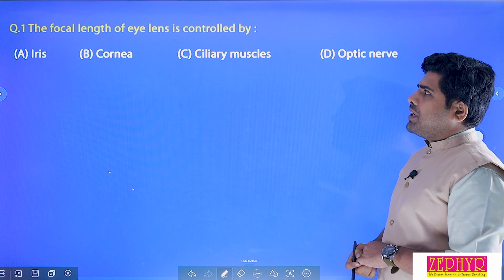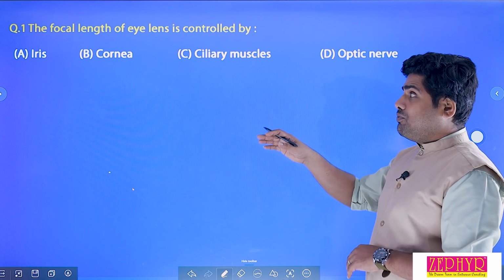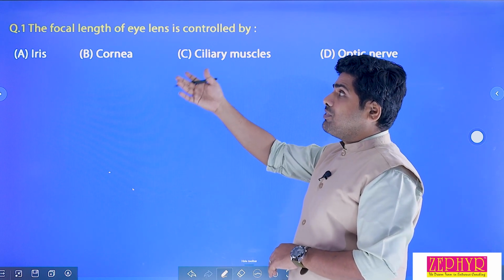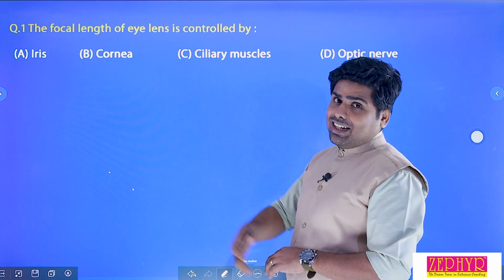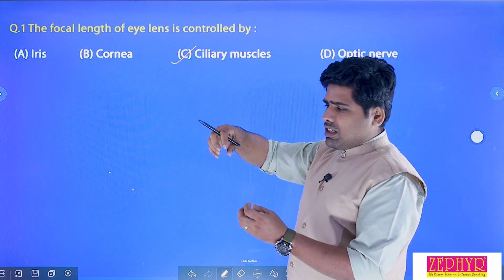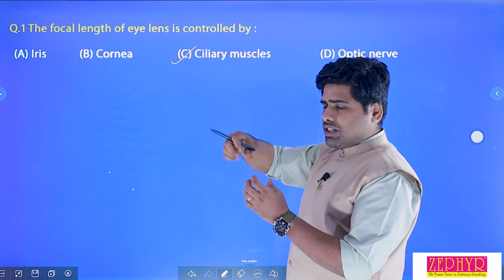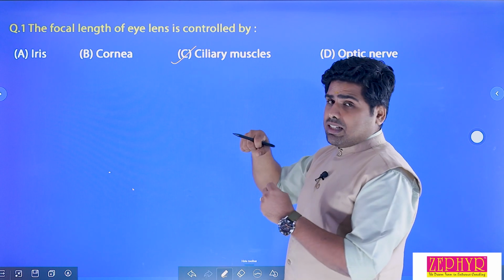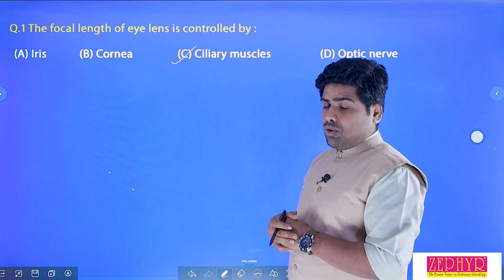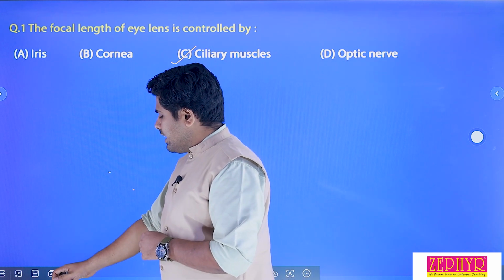I already explained which part of the human eye controls the focal length of the eye lens. Ciliary muscles, because the lens is connected to the ciliary muscles. The contraction and relaxation of the ciliary muscles adjusts the focal length of the human eye lens. So here the ciliary muscles is the right answer.